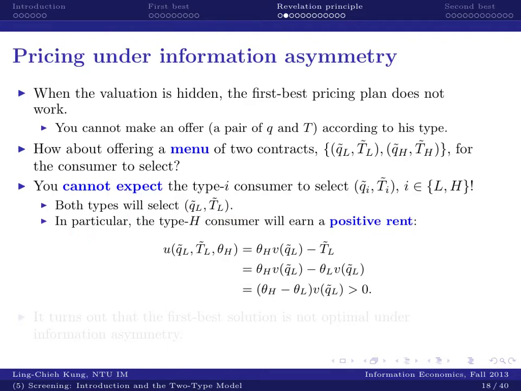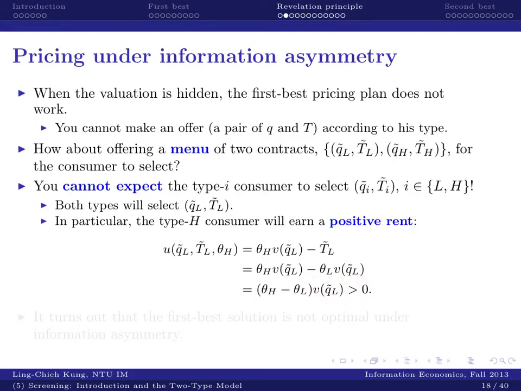So in particular, let's look at the type H situation. He is going to earn a positive rent. We know its utility is like this. If he chooses the low type first best contract, then his type is still theta H, but the quantity and the price are QL tilde and TL tilde, and then we know TL tilde is theta L times V(QL tilde), right?